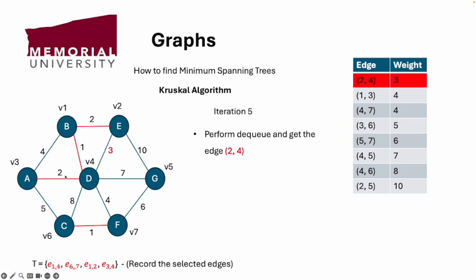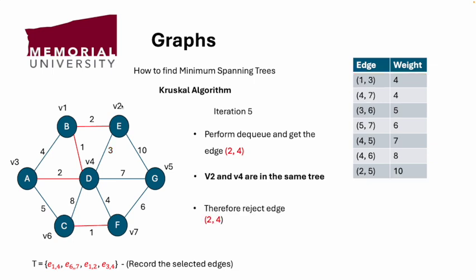You can go from B to D to E, or V4 to V2. So in that case, they're in the same tree. What do we do? Reject this edge. We don't need to add it into the set T.